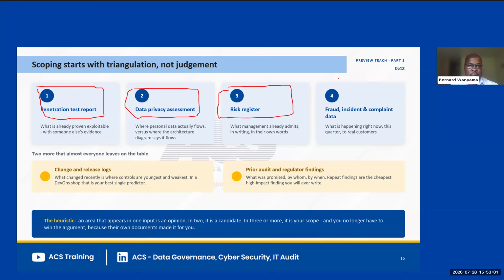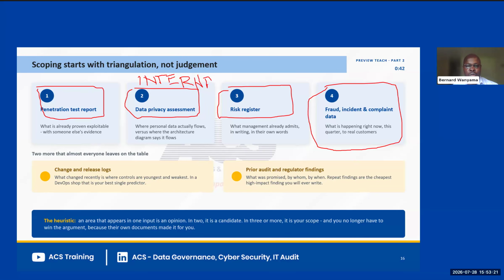At front line, on first line and second line, but we also have actual evidence of things that are happening. These could be internal artifacts or an internal view of things.